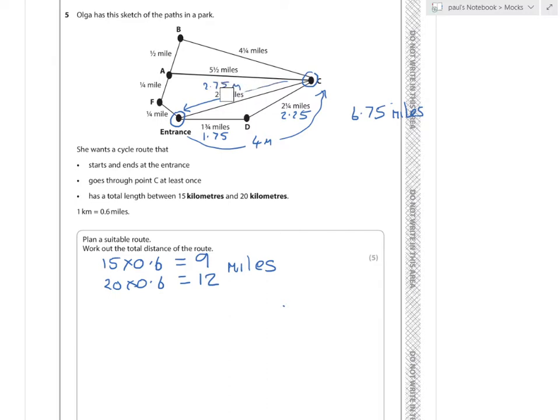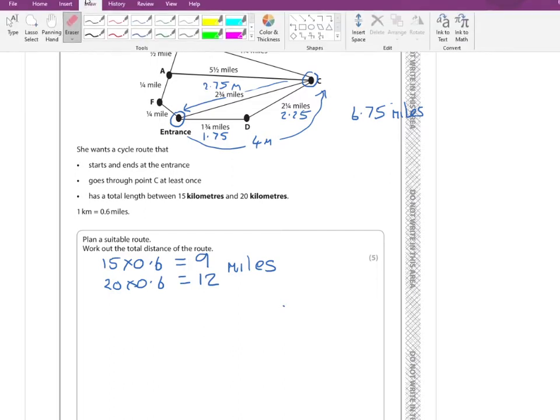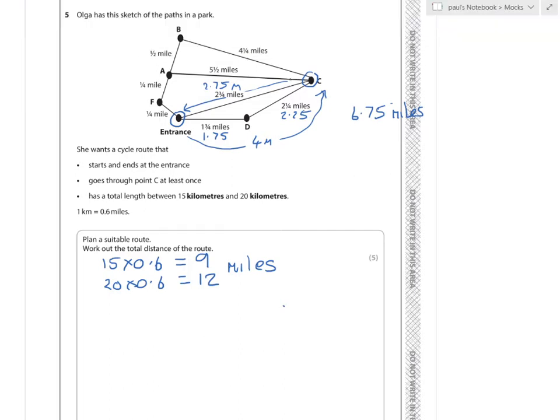Hang on, 5, 6, 7. This might be the way. How far is it along here? So that's 5.25. That's 0.25. And that's 0.25. So this way round is 5 going here to here to here to here.